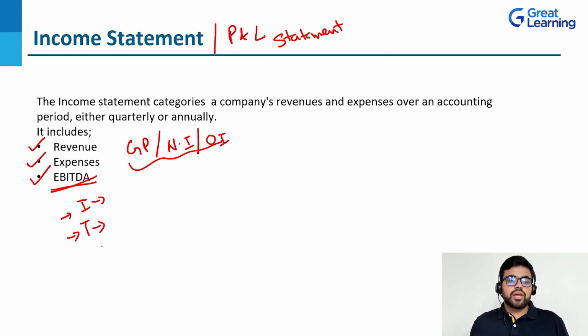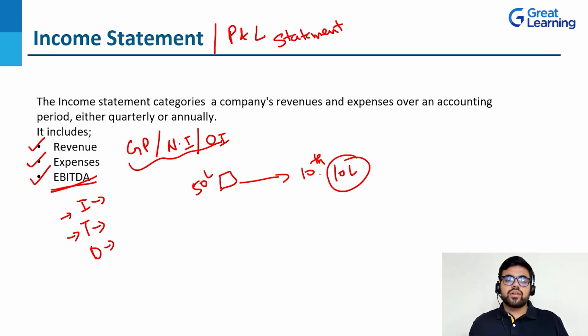Then comes depreciation. For example, if a company buys a truck for, let's say, 50 lakhs, and it is going to use it for the next 10 years, then by the 10th year, let's say its value is only 10 lakhs. So in those 10 years, it has lost 40 lakhs of value, which is called depreciation.